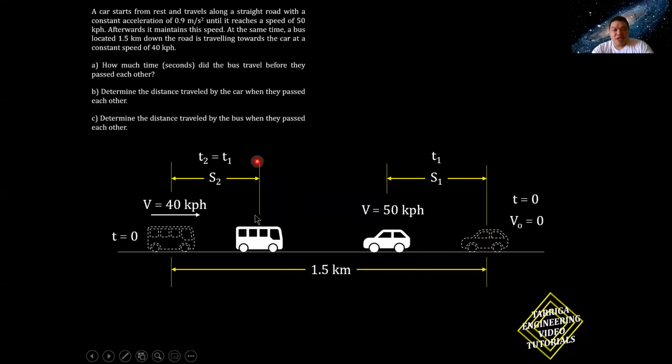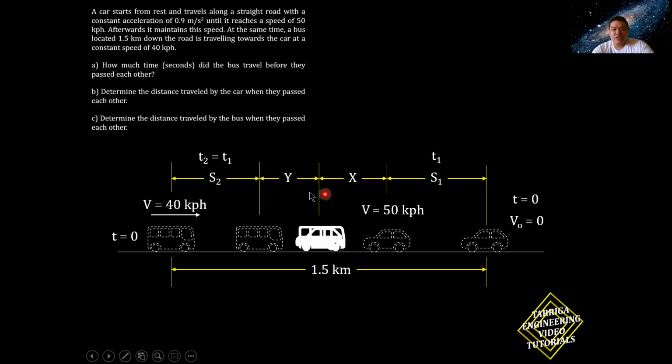Okay, so from this point, the car and the bus traveled until they passed each other. Of course, they meet here. They traveled certain distances X and Y. The car traveled X. Anyway, the car is now at constant speed, since it says that after reaching 50 kilometers per hour, it maintains the speed.